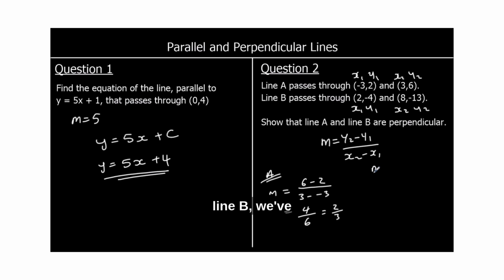For line B, we've got y2 minus y1, which is negative 13 minus negative 4, over x2 minus x1, which is 8 minus 2. So we've got negative 13 plus 4, which is negative 9, over 8 minus 2, which is 6.